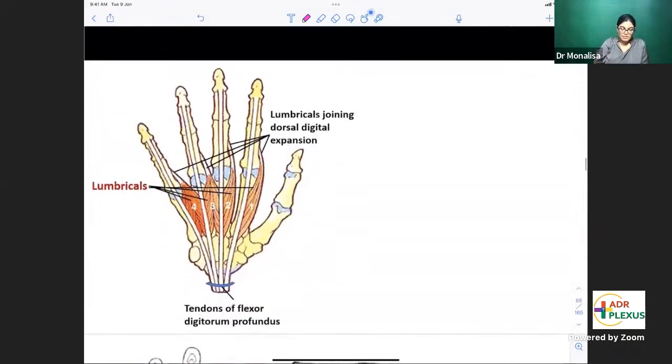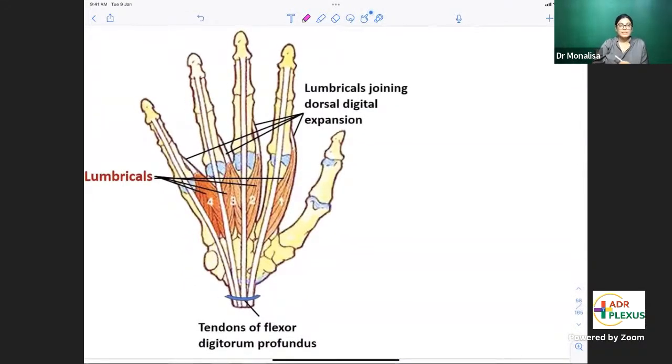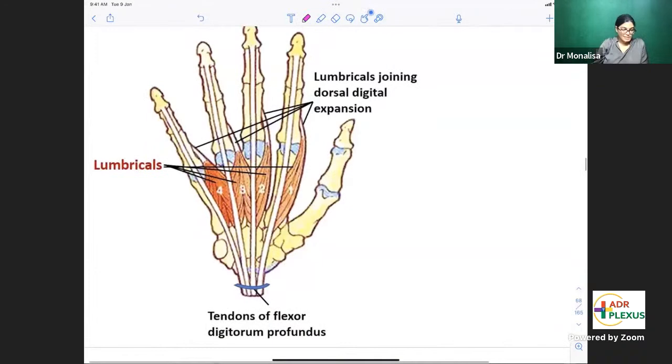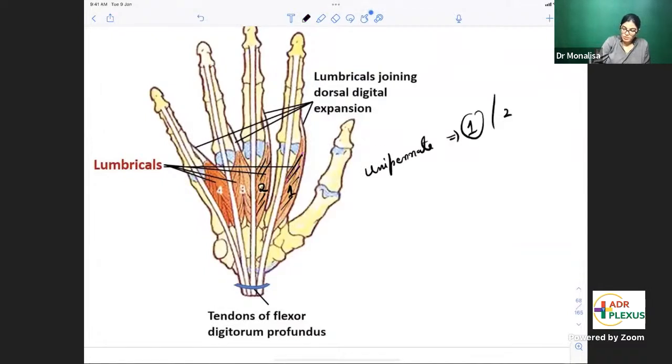See here, these are the lumbrical muscles, first, second, third, and fourth. As you can see here, you can also appreciate the first lumbrical muscle, and the second is unipinnate morphologically. And when we are talking about the third and the fourth, they both are bipinnate.